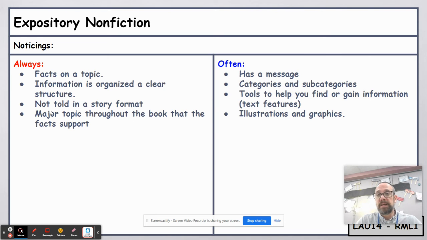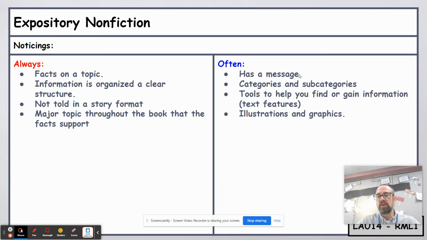There may be aspects, especially at the beginning of books, where you may see a little bit of a narrative story being told to get you hooked into the rest of it, but the entire book is not told in the story format. And then the major topic is the thing that's supported throughout the book by the subheadings and categories. Often it has a message.